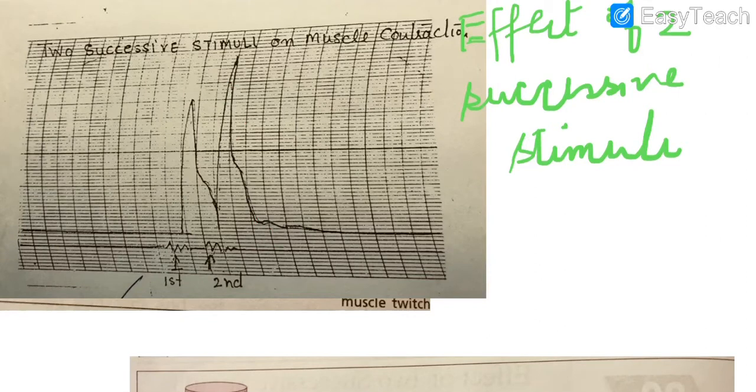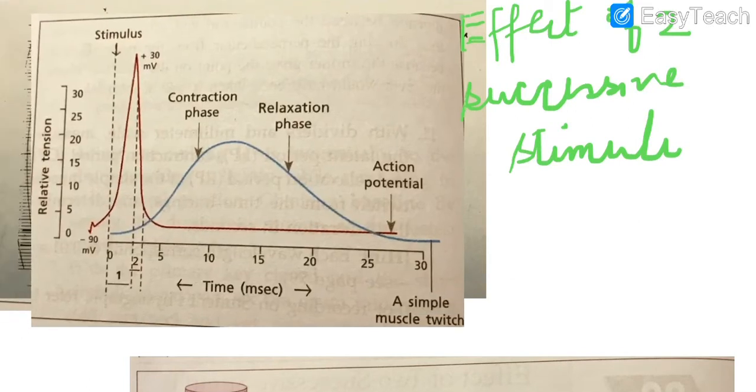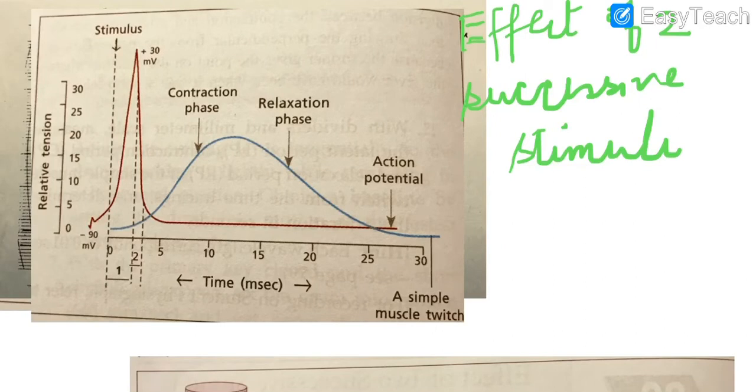Now, as I told you in the previous slide, the refractory period is with respect to the action potential, the electrical event. It's not with respect to this contraction-relaxation phase, that mechanical event. If you look over here, this red line shows the action potential.